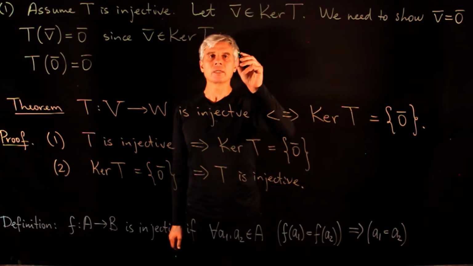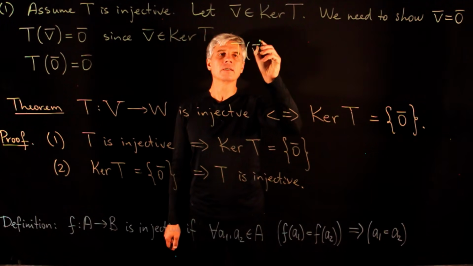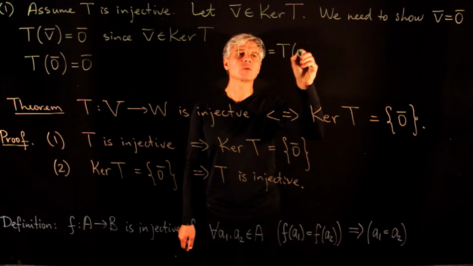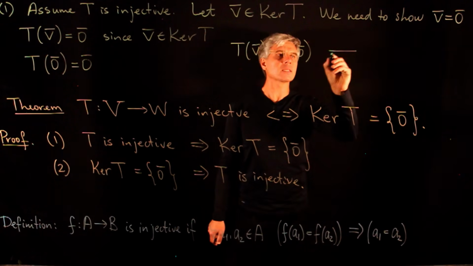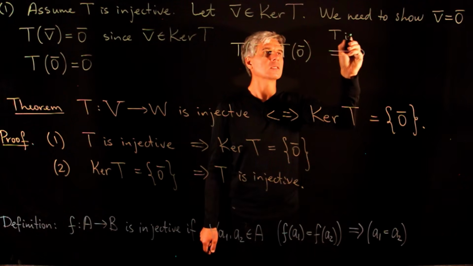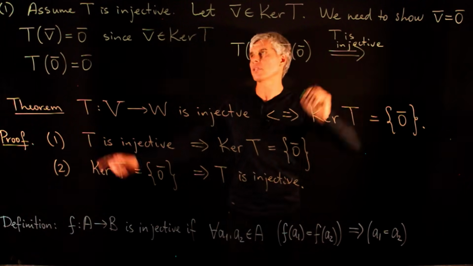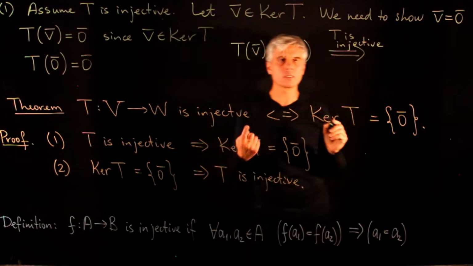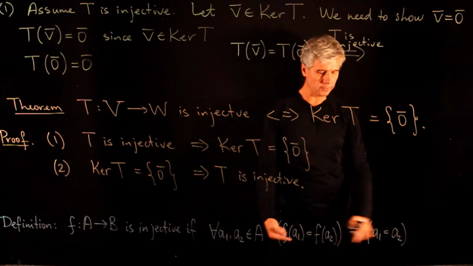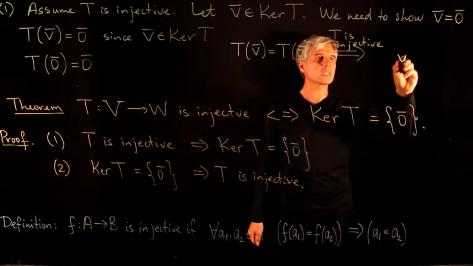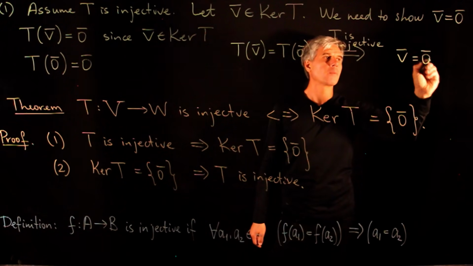So we have T of V is equal to T of 0. And then since T is injective, so that's our assumption. We assume that T is injective. So by definition of an injective function, this tells us that V is equal to 0.